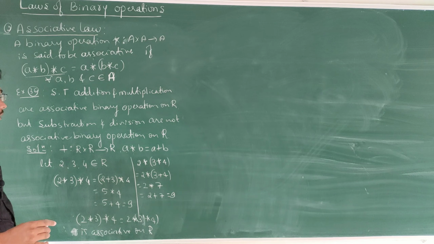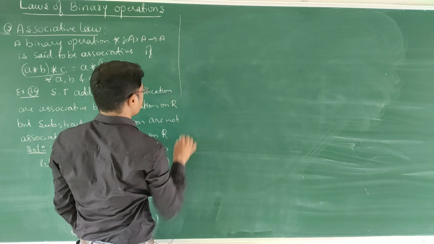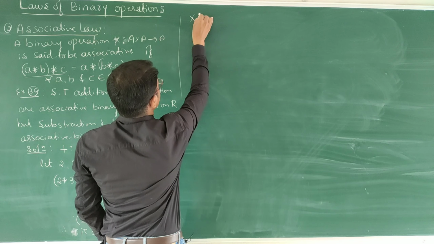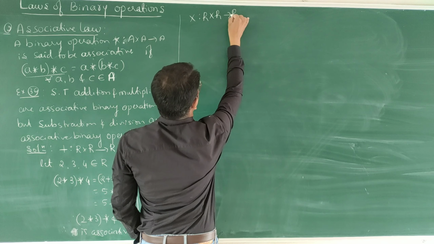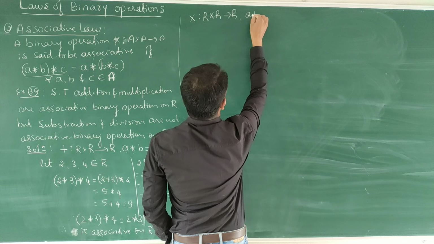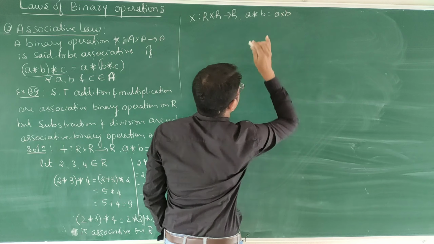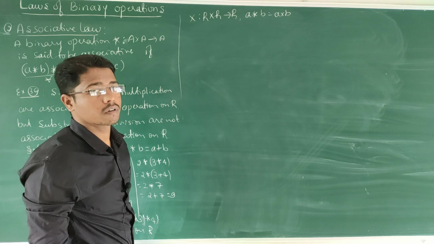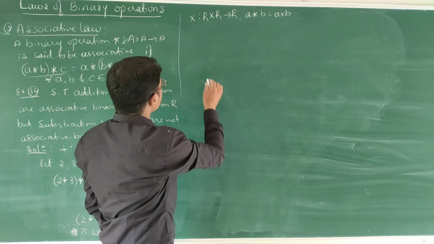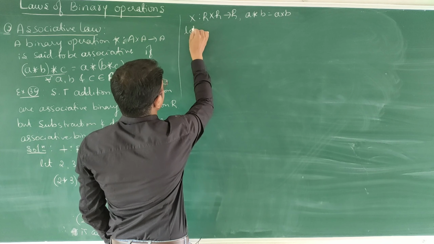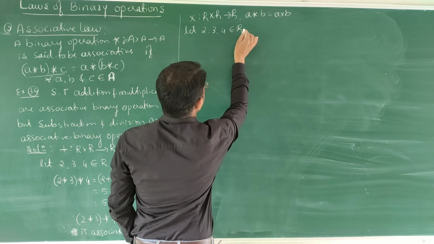Okay, very simple. Now multiplication, right? Multiplication on the set of real numbers. That is a star b is equal to a into b. Multiplication we have to consider in the place of the binary operation star. Okay, so let 2, 3, 4 belong to the set of real numbers.